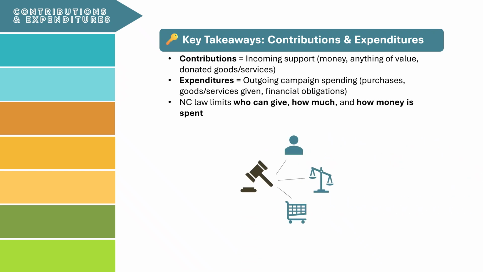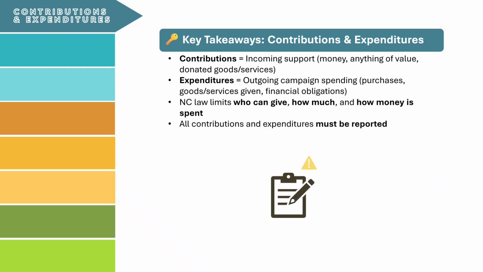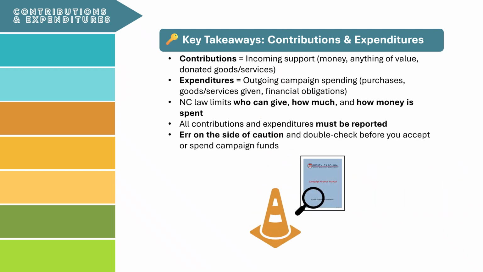North Carolina campaign finance law sets strict rules about who can contribute, how much they can give, and how campaign money can be used. Every contribution and every expenditure must be fully and properly disclosed. Always err on the side of caution and double check before accepting or spending campaign funds.